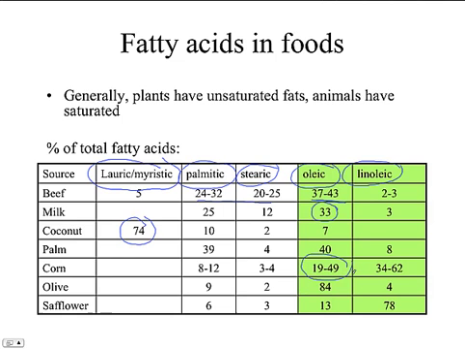The one problem with corn oil, however, is that it contains a very high concentration of omega-6 fatty acids. An omega-6 fatty acid is a fatty acid that has a carbon-carbon double bond that is 6 carbons away from the end of the molecule. So if it's an 18-carbon fatty acid, the carbon-carbon double bond would be 6 carbons away from the carbon 18. Omega-6 fatty acids have been shown to be relatively unhealthy in our diets in large concentrations.